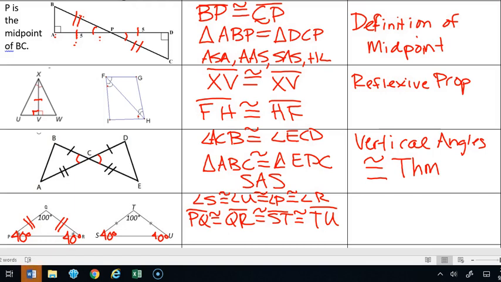All right, and then, like I said, we could say that the two triangles are congruent. So here we could say that triangle PQR is congruent with triangle STU. And we could do all of this because of the isosceles triangle theorem.